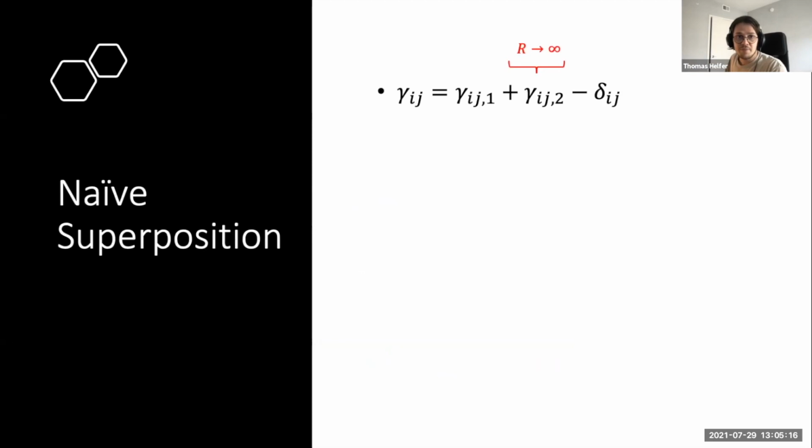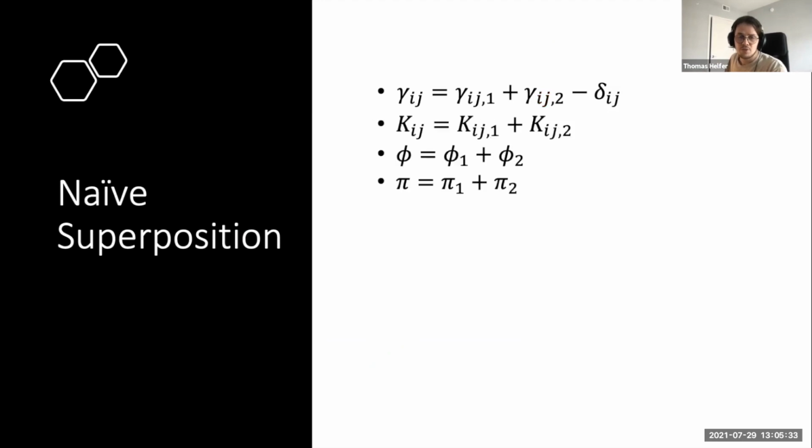However, if you could put them technically infinitely far apart, this would become similar to the unit metric. They would just cancel, and you would retain the single star metric, and everything would be okay. We also do this for all the other quantities, which go asymptotically to 0, so no problem.